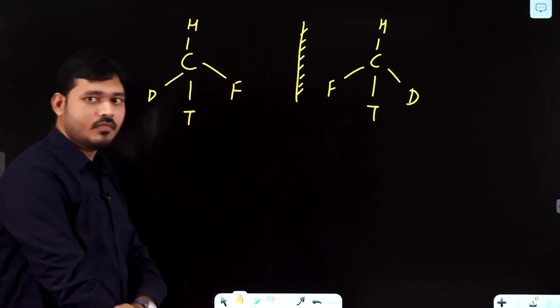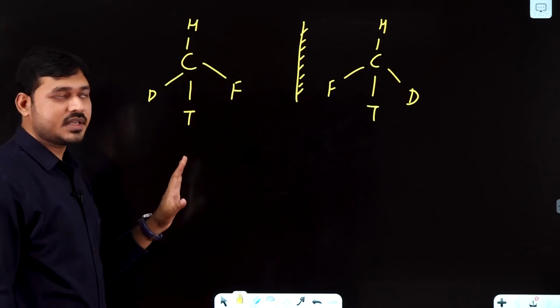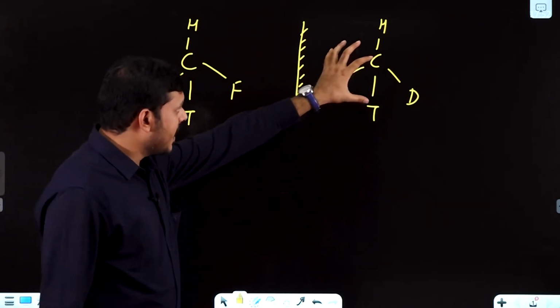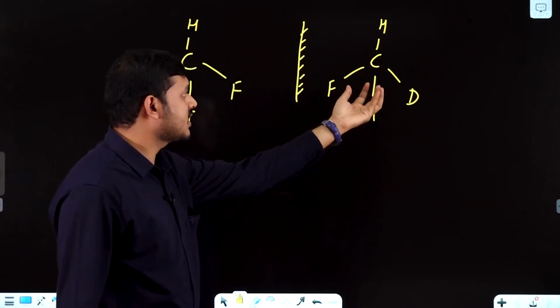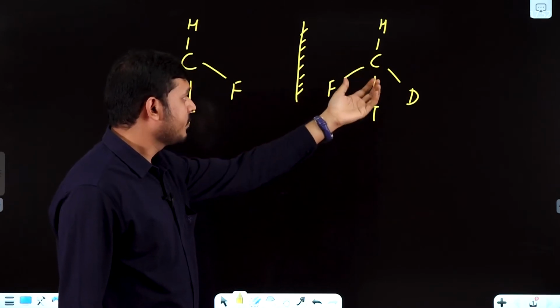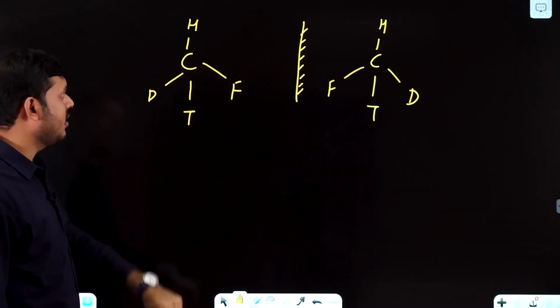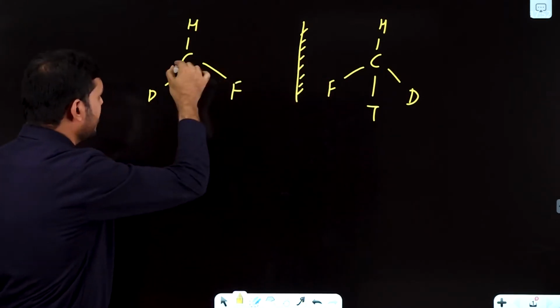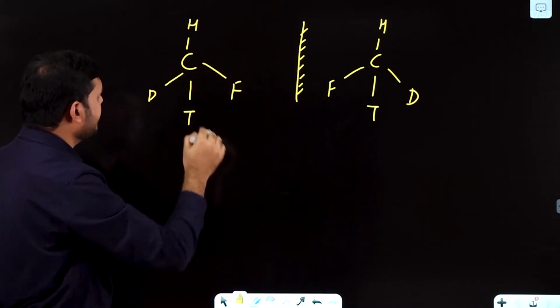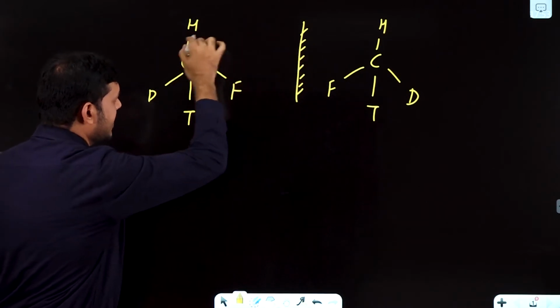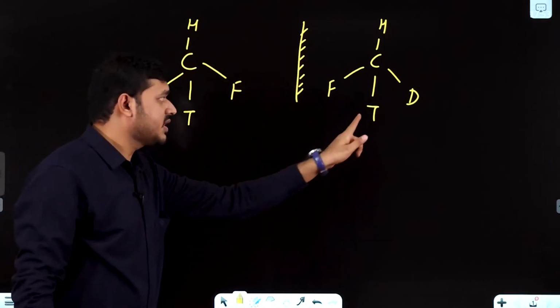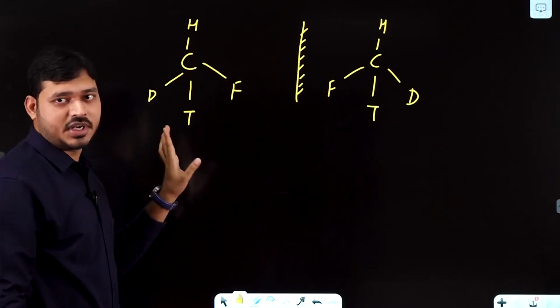Now guys, let's understand. If I pick this compound and keep it here, what will you find? This carbon will coincide with this carbon, that is okay. This hydrogen will coincide with this hydrogen, and this tritium will coincide with this tritium.